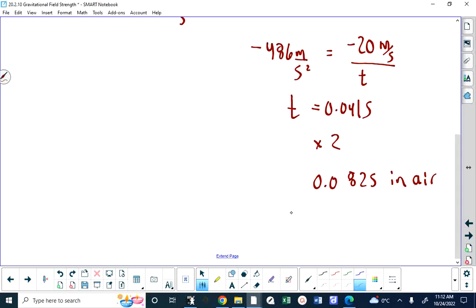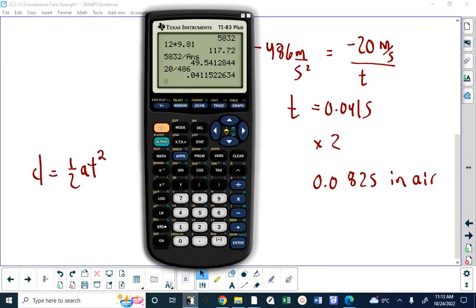Maybe to give you a visual, spatial idea of what's going on here. It would rise to a height.